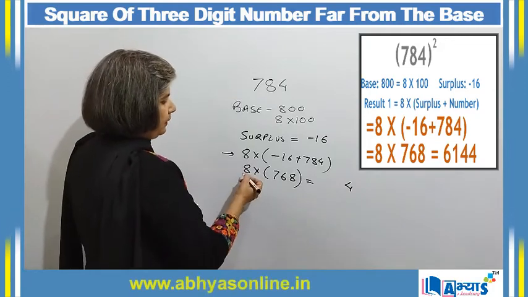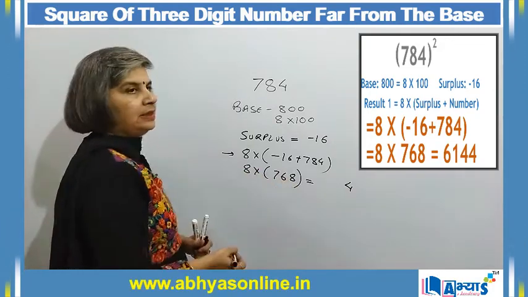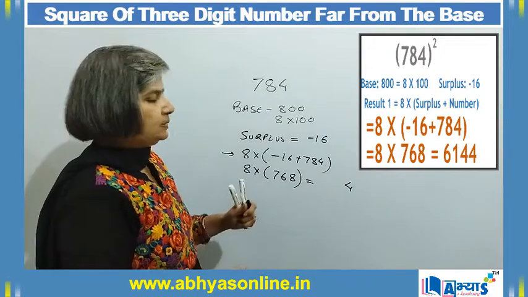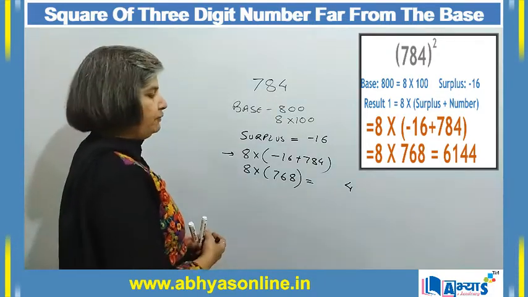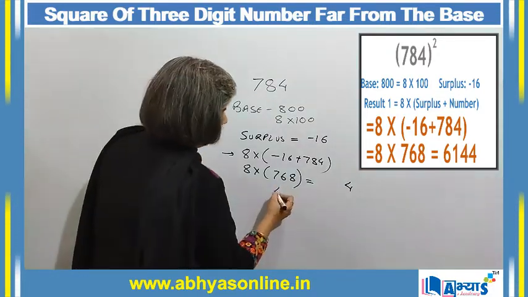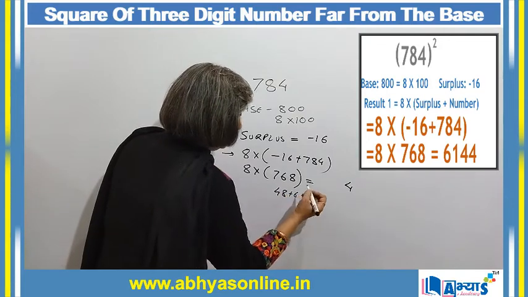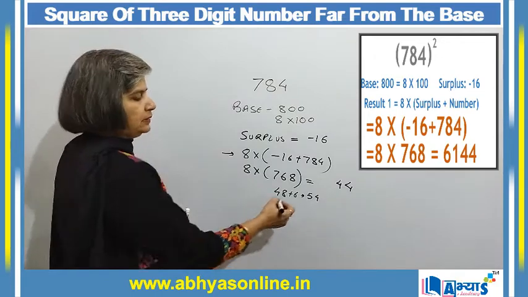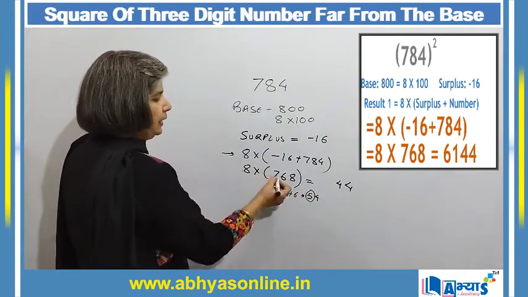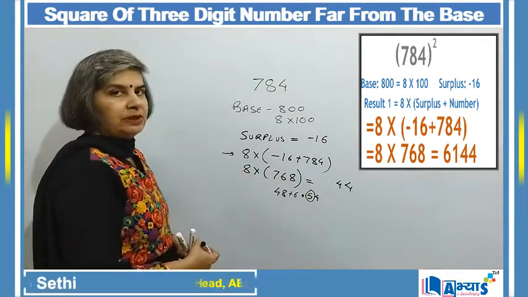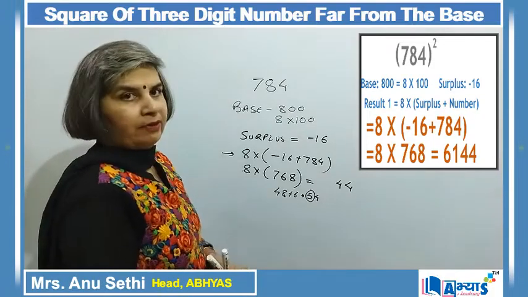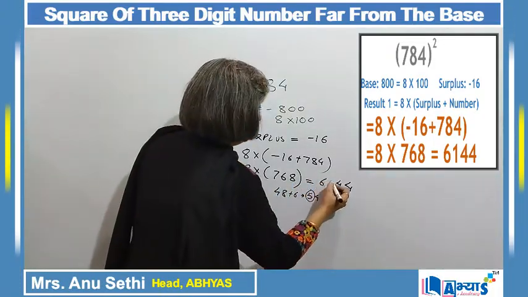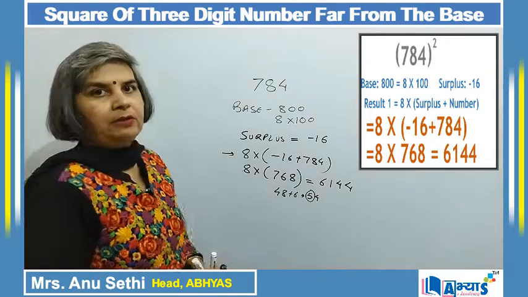Now 8 into 6 is 48, plus the 6, which results in 54. So I write 4 and 5 is carried. Now I multiply 8 into 7, which is 56, and when I add 5 to it, it becomes 61. So result 1 is 6144.